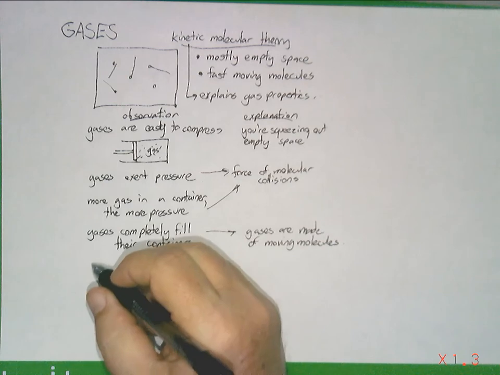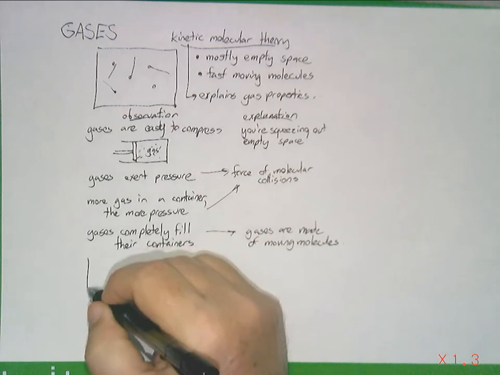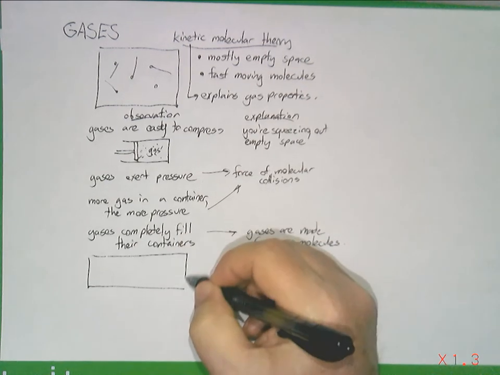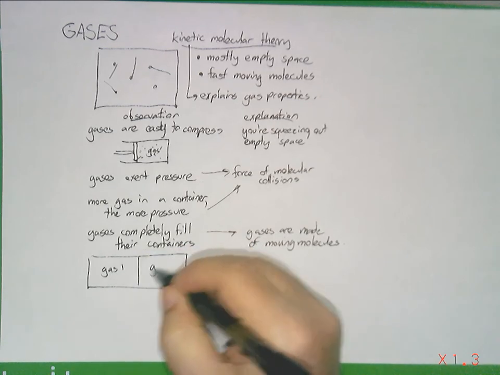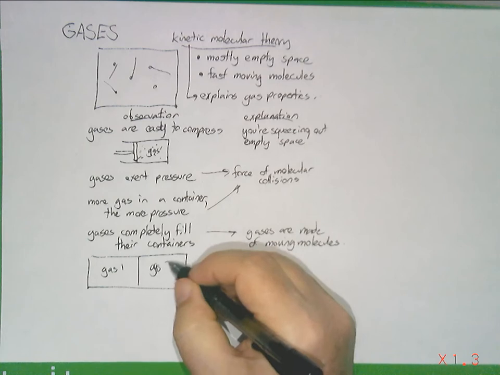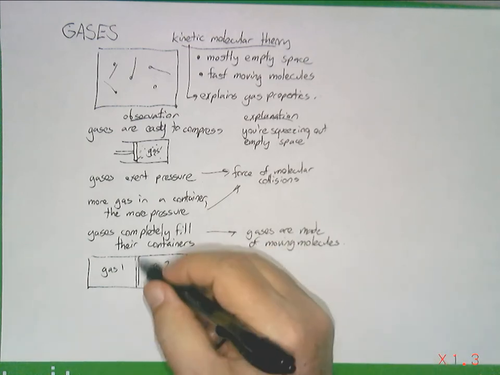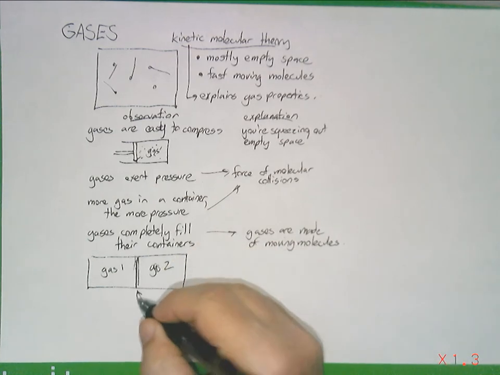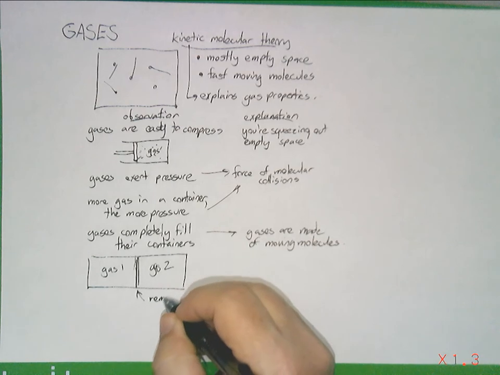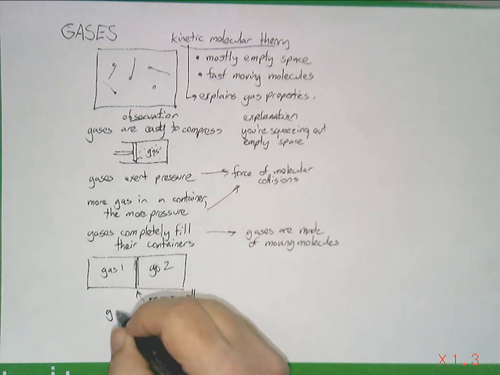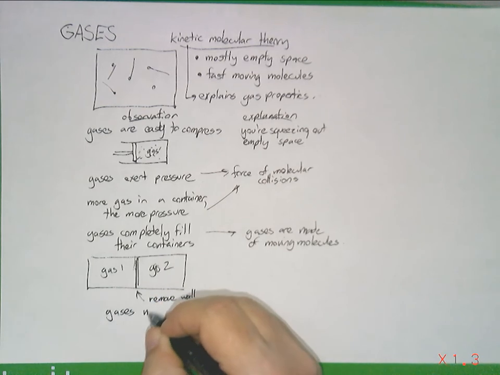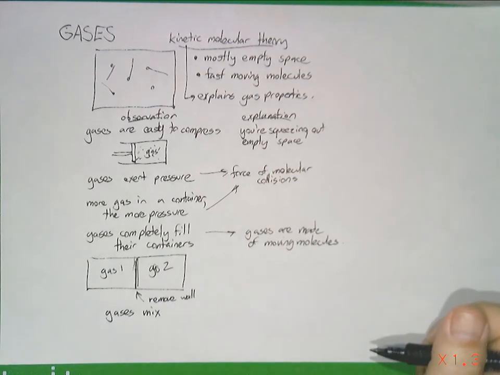Now, if you take two gases, there's a gas over here and a gas over here, gas 2, and you've got a wall between them, and if you remove the wall, the gases mix, and they mix pretty completely.